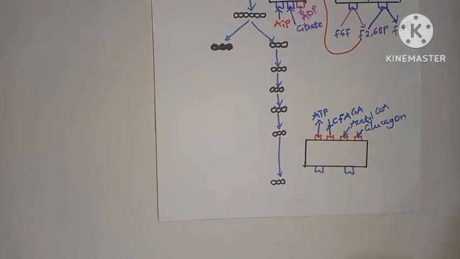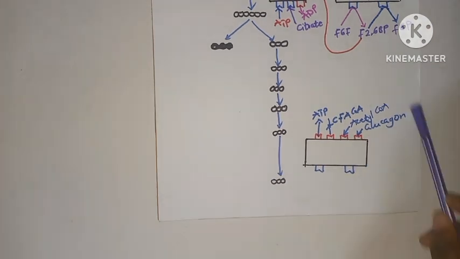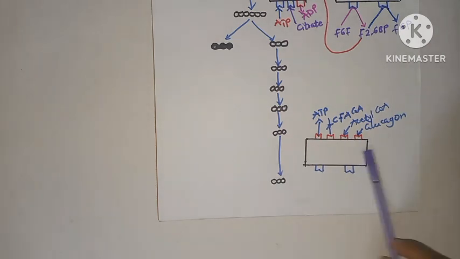We also have those that will come and stimulate this enzyme. The first one is insulin. Insulin will stimulate this enzyme by dephosphorylating it. Remember, glucagon phosphorylated this enzyme to prevent it from continuing to break down glucose.